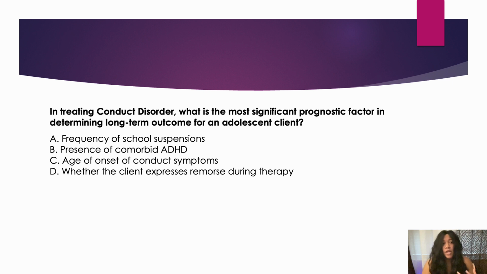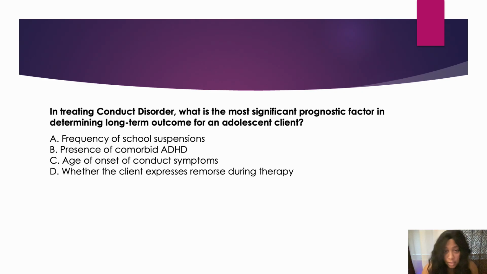The best answer here is going to be C, the age of onset of conduct symptoms. Because if the conduct symptoms start at a certain age, then most likely they can be diagnosed with antisocial personality disorder. That is the long-term outcome they are speaking about in this question. I know it's one of those questions where I guess you just gotta know.